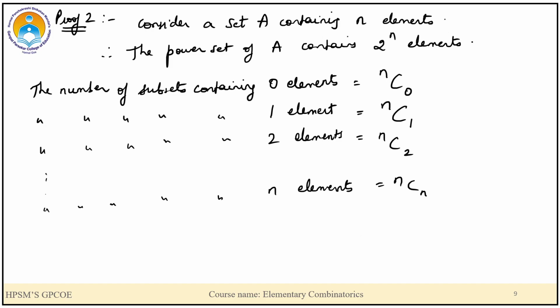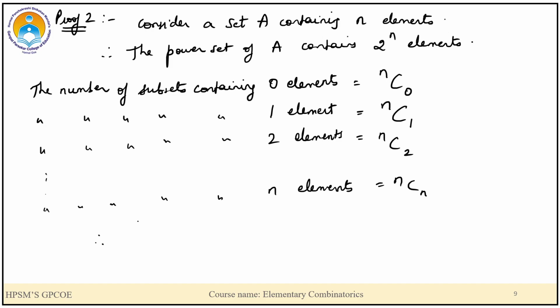Now if you see, none of these cases overlap each other. In other words, there is no set which contains one element and at the same time it contains two elements. So these are all disjoint cases in simple words. Alright?